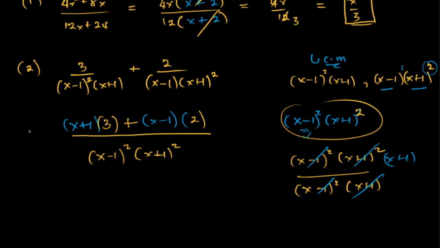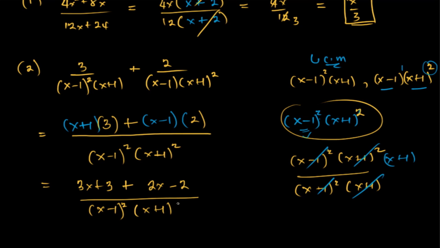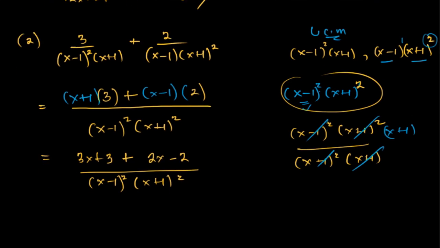Then the next thing you want to do is expand what you have at the numerator here. So you have 3 times this, which is 3x + 3, then plus 2 times x, which is 2x, 2 times negative 1, which is negative 2, then all divided by (x - 1)² times (x + 1)².